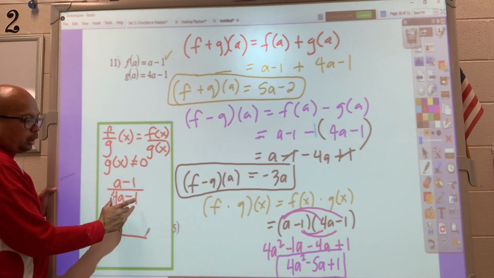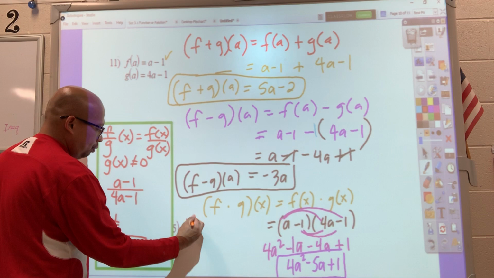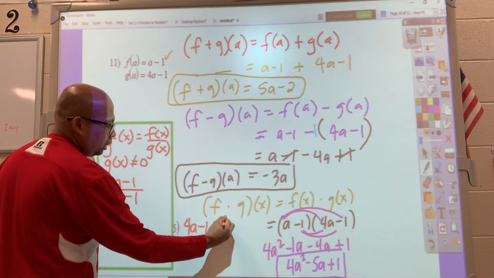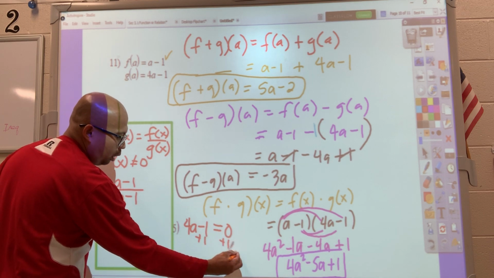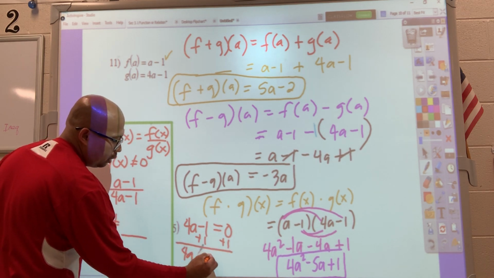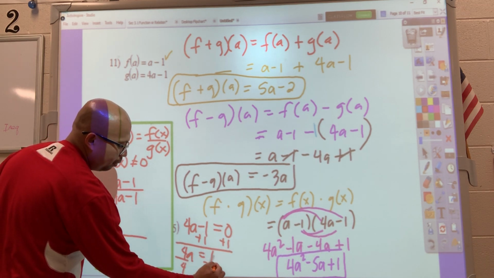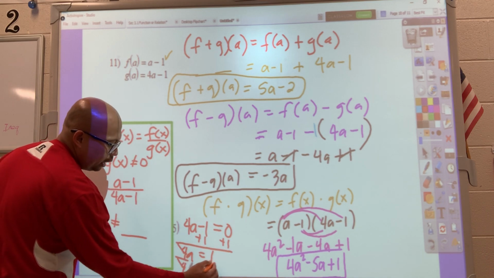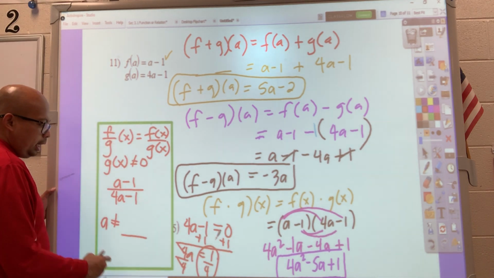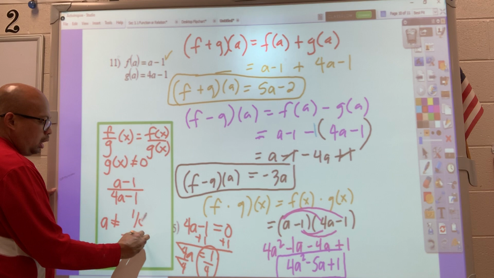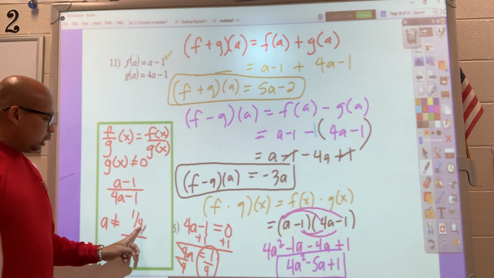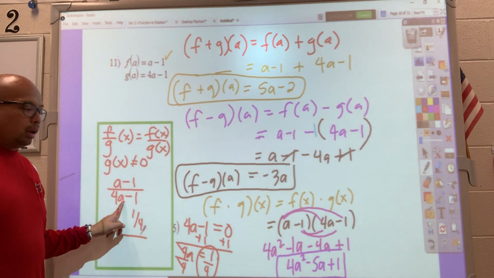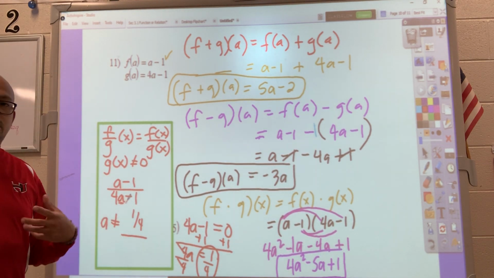For you to get that one, grab the denominator, which is 4a minus 1, set it equal to 0, solve for the a by adding 1, 4a is equal to 1, divide by 4. So therefore, a there is equal to 1/4. Meaning, a cannot be equal to 1/4. Why do you think a cannot be equal to 1/4? Because when a is equal to 1/4, when you plug it here, it will give you a 0.